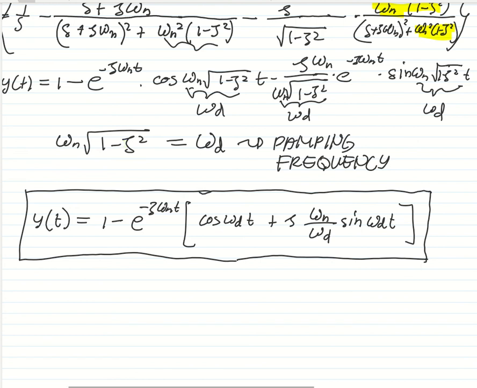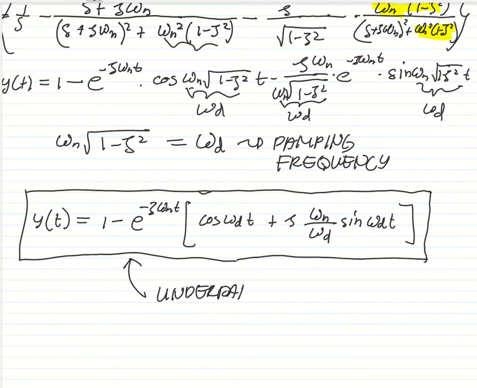If zeta is greater than 1, we call that overdamped. It's possible that we have a value greater than 1 for zeta. If it's greater than 1 and you square that and subtract, this will become imaginary. Therefore, this equation here is only applicable for an underdamped system.